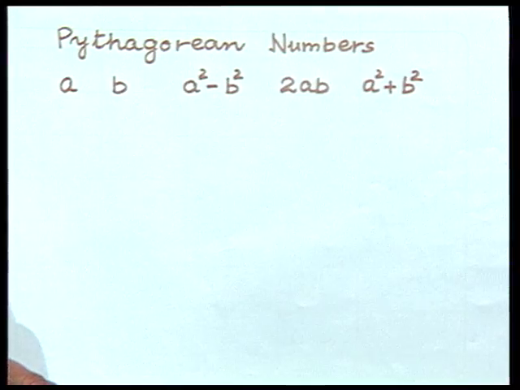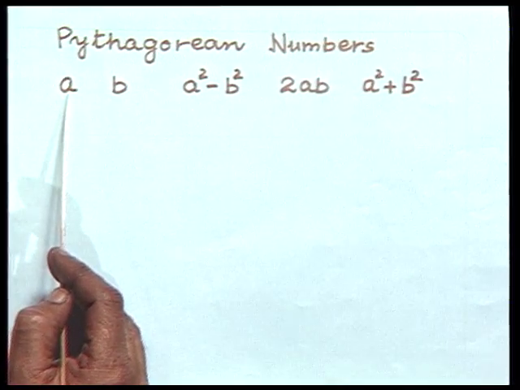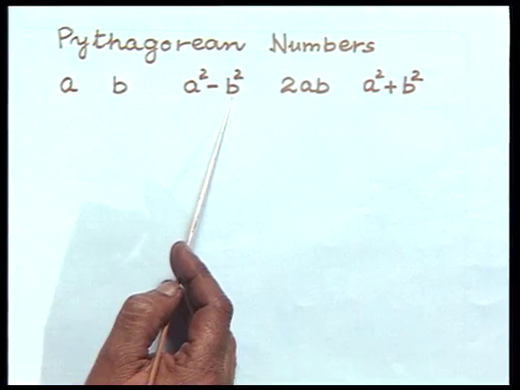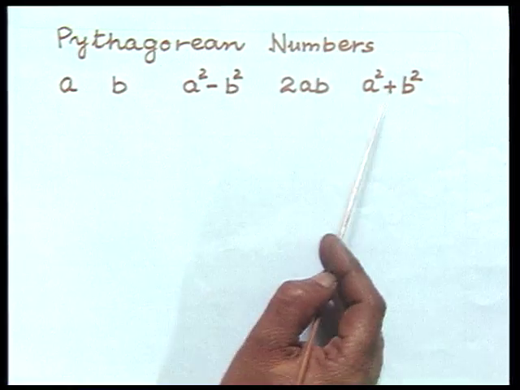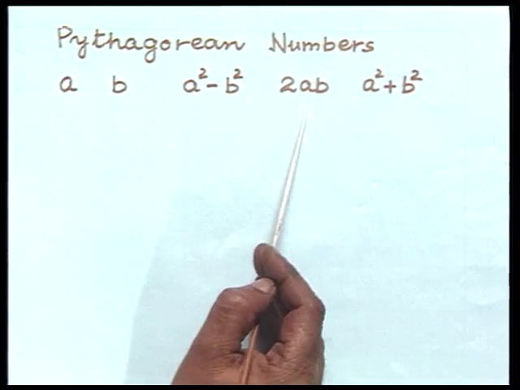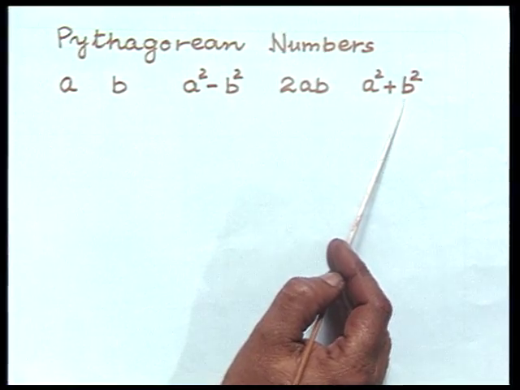But now the question arises, do we always have to look for the square of numbers and check this relation? To get the Pythagorean numbers, we will take two numbers a and b. After that, we will find a squared minus b squared, 2ab, and a squared plus b squared. The numbers thus obtained will satisfy the property of Pythagorean triples.